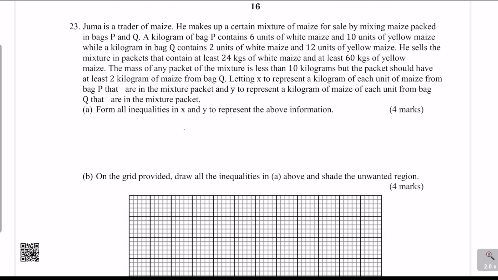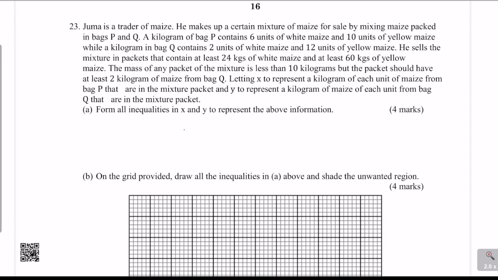The mass of any packet of the mixture is less than 10 kilograms, but the packet should have at least 2 kilograms of maize from bag Q. Letting X represent a kilogram of each unit of maize from bag P that are in the mixture packet, and Y represent a kilogram of maize of each unit from bag Q that are in the mixture packet.